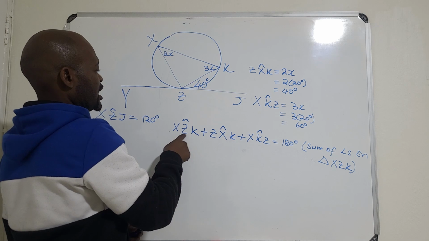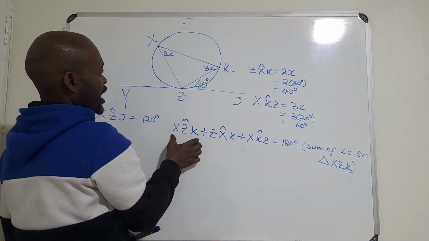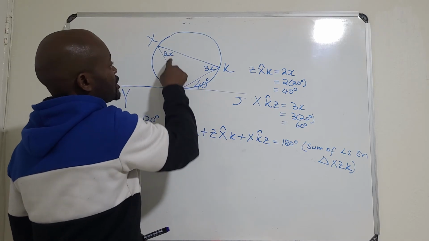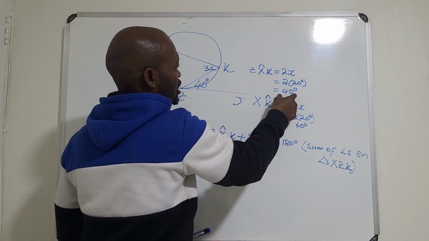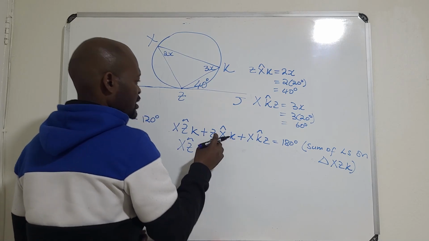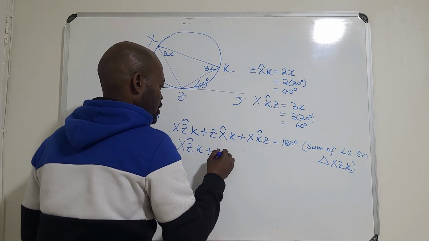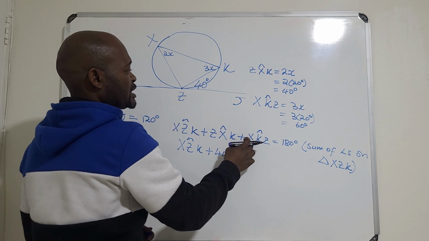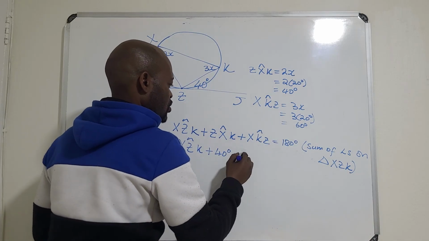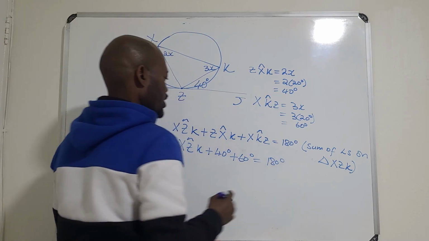Now, angle XZK is the angle that we are looking for, plus angle ZXK, which is 40 degrees, plus angle XKZ, which is this angle, which we got to be 60 degrees, is equal to 180 degrees.